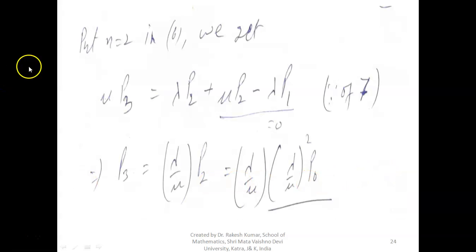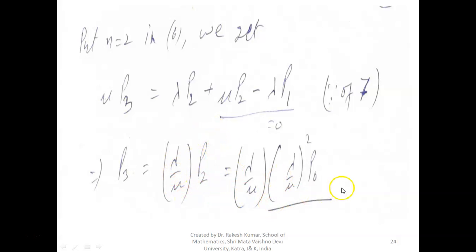Now put n equal to 2 in equation number 6. We get mu p3 equal to lambda p2 plus mu p2 minus lambda p1, and again, because of 7, this is equal to 0. So we are left with p3 equal to lambda upon mu p2, and p2 we have already obtained.